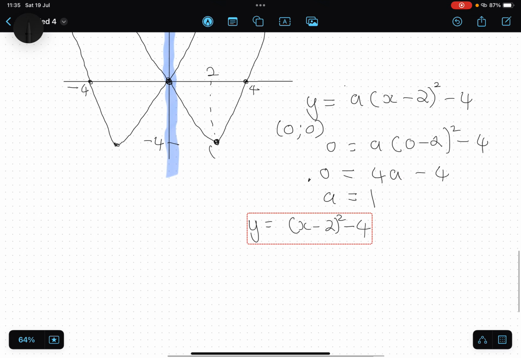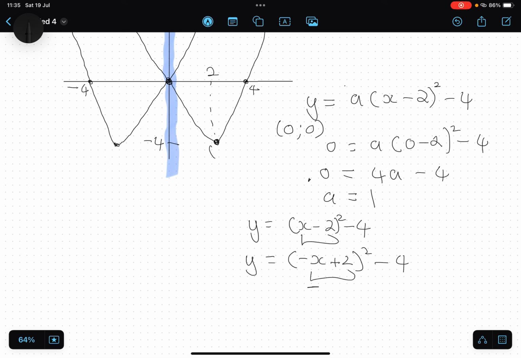Okay, and how does this change? Okay, remember I said to you, with the y, it changes the x. So it changes the x value. So anything within the x here will change. So it needs to go y equals minus x, and this becomes a plus 2 squared minus 4. So anything in here changes its sign. Okay, right.